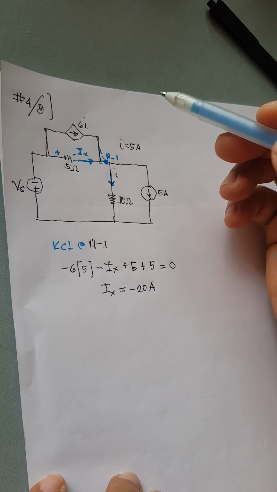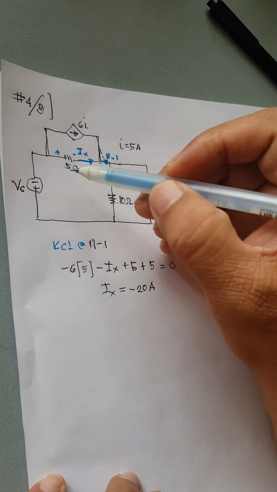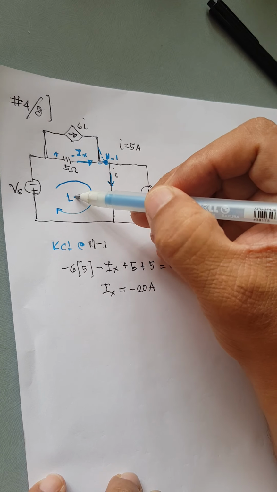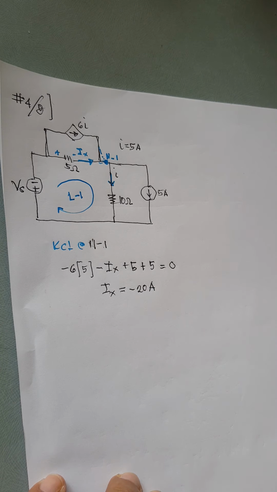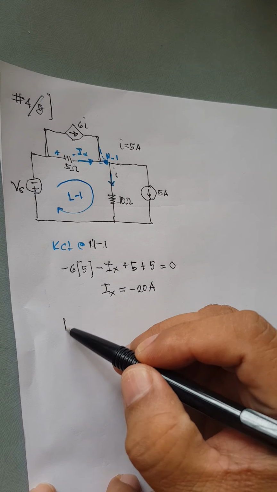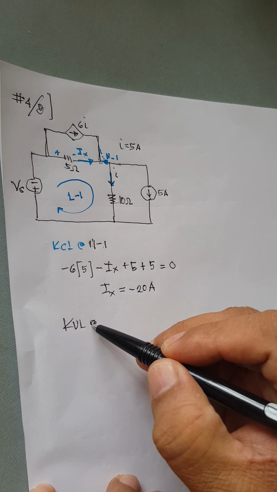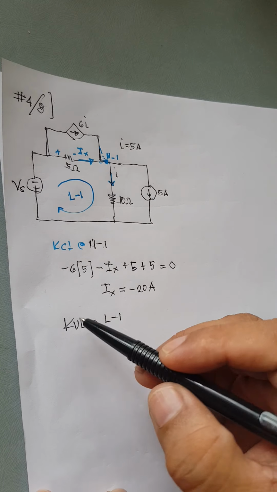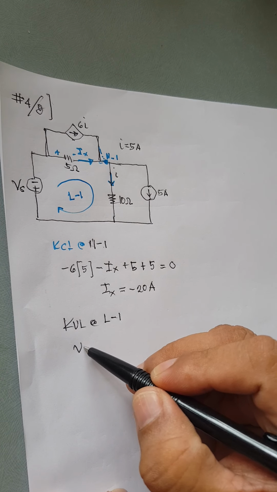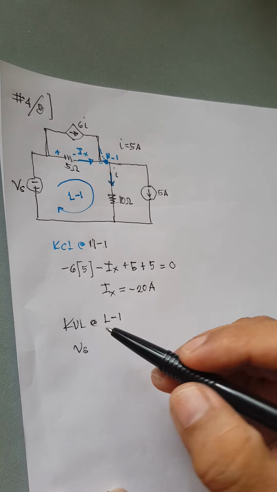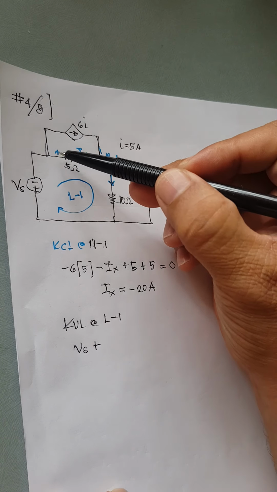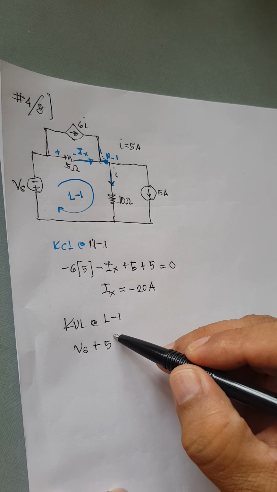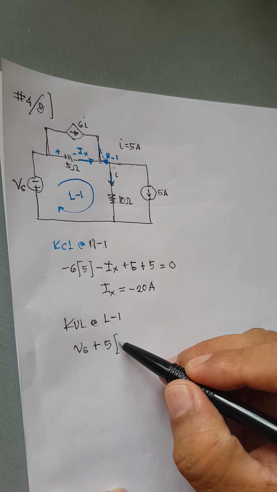Yes. Because we already have I and then Ix, we can make use of this loop. Let's consider this as loop 1. Perform KVL there. So KVL at loop 1. Let's start with Vs, so positive. So Vs is positive. And then plus, so this is plus 5 times Ix. But what is Ix? Negative 20.